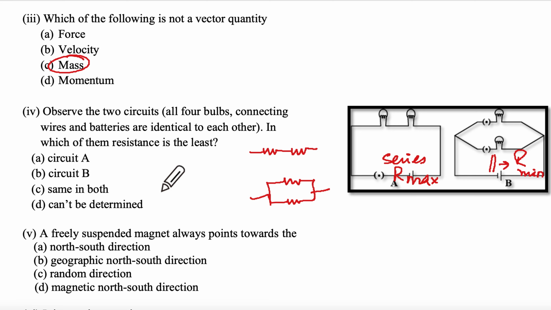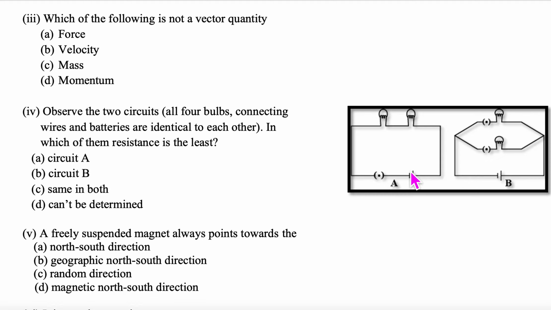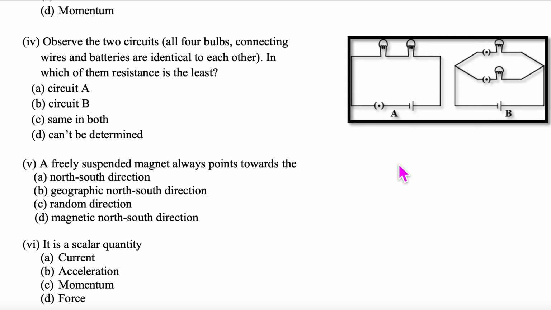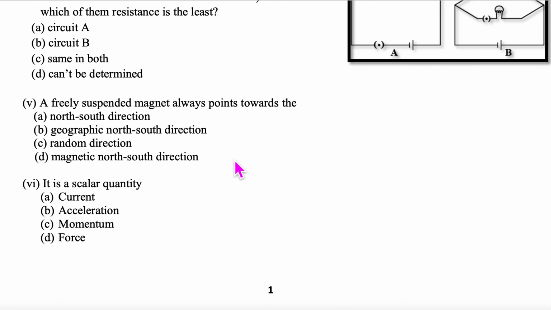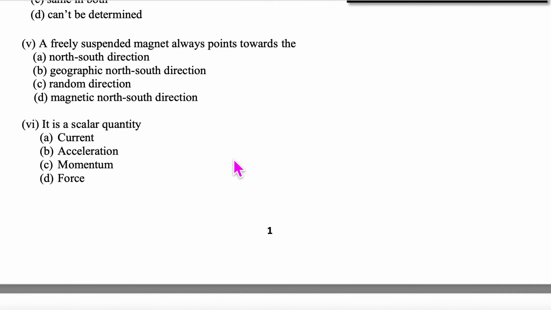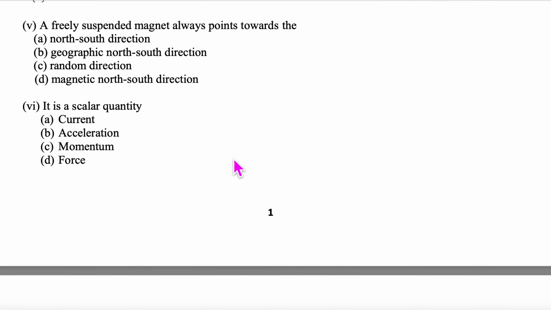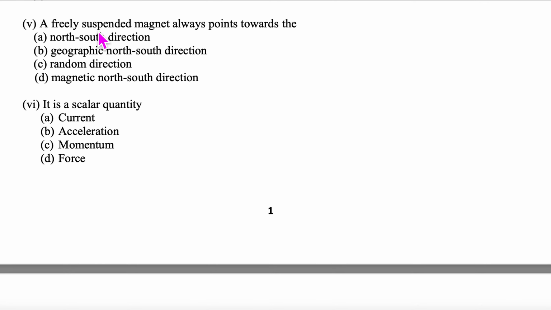So least means it will be parallel, means it will be circuit B. This was actually an ammeter and voltmeter, because we have said that ammeter is always connected in series and voltmeter always connected in parallel, and then a little bit was mentioned about series and parallel.